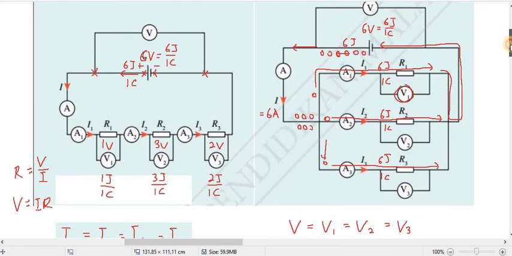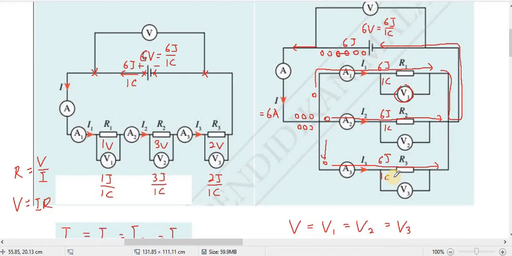Alright. Next, we want to look at the current. Let's say that the current is 6 ampere coming out. In 1 second, 6 coulomb come out, right? So these 6 coulomb reach here. Now they need to decide how many pass through here, how many pass through here, how many pass through here. How do you think they are going to decide?